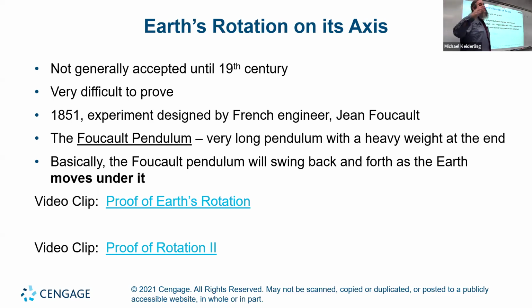And in between, it will be a different amount. So around here, I think it's 36 hours. But yeah, the closer to the poles you are, the faster it will rotate. So here is a Foucault pendulum showing a proof of the Earth's rotation.